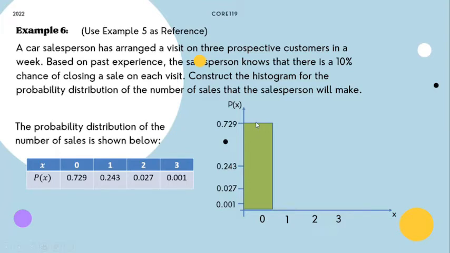The next value will be 1, and the probability for such is 0.243. Third is number 2, with probability 0.027, and last but not least, for the number of sales 3, the probability is 0.001.